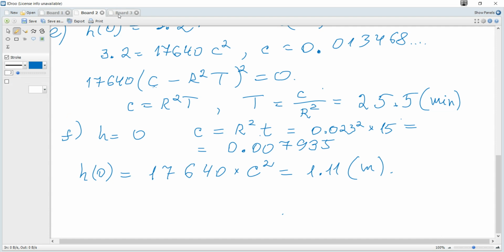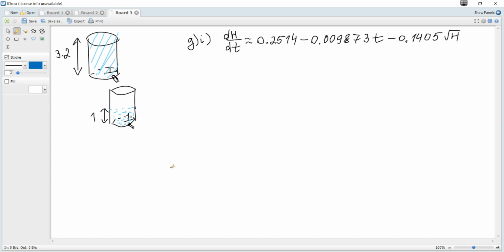And the next question: Eve has another water container that is identical to the first one, she places one water container above the other one, so that all the water from the highest container will drain into the lowest container. Eve completely fills the highest container, but only fills the lowest container to a height of 1 meter shown in the diagram.